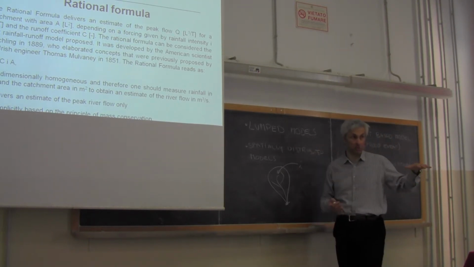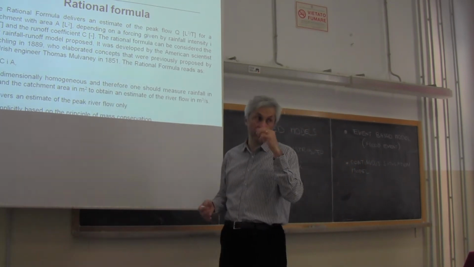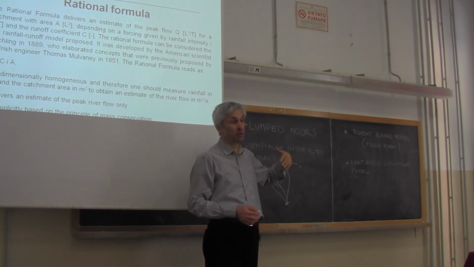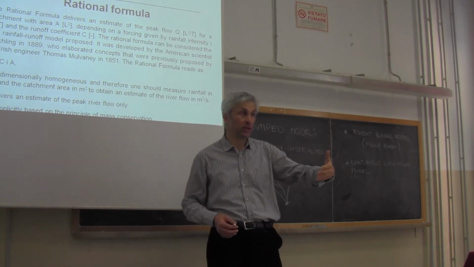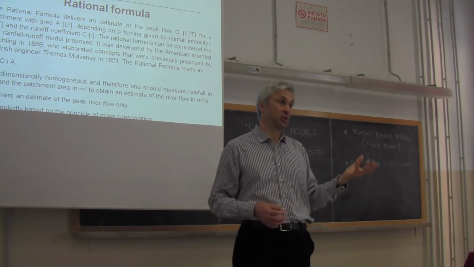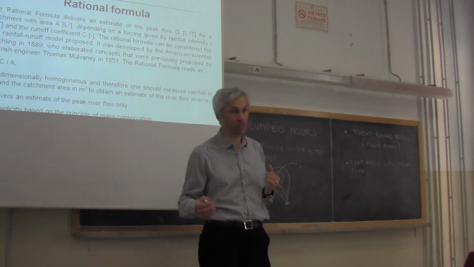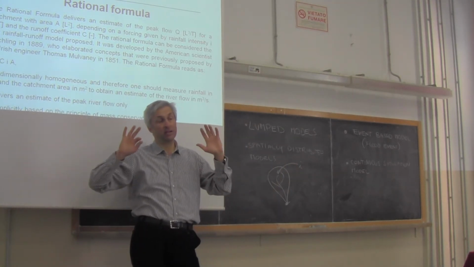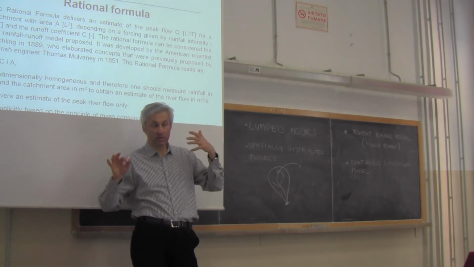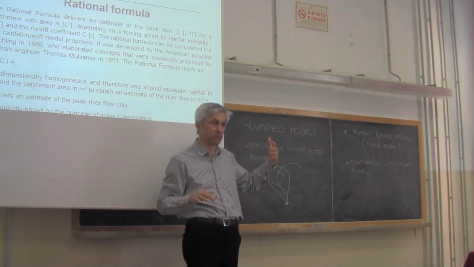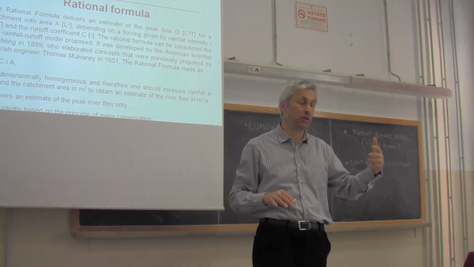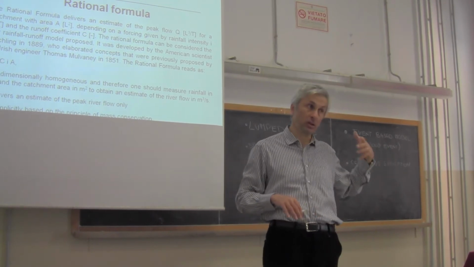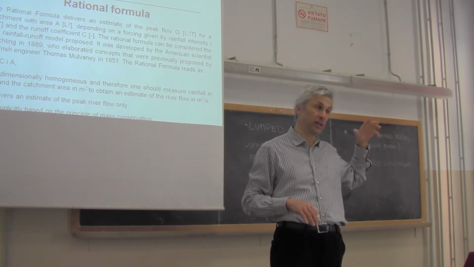Of course, you understand that the model becomes more complicated. The model is able to give you additional information related to the spatial distribution, so it becomes complicated. But let's say for now that the rational formula is a lumped model. It's important that you start recognizing these terms. So when one talks to you about spatial variability, spatial distribution, you know that you have to call into play a different category of models.